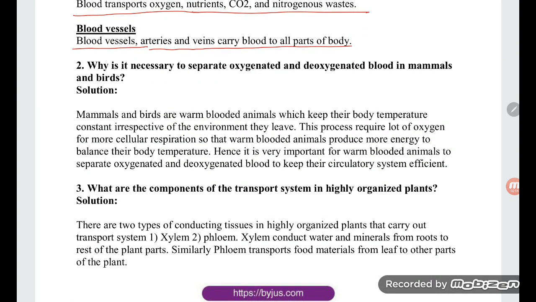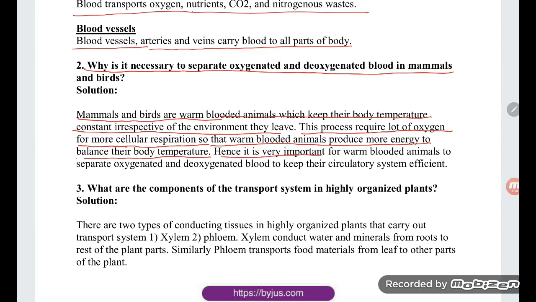Okay. Why is it necessary to separate oxygenated and deoxygenated blood? Mammals and birds are warm-blooded animals which keep their body temperature constant irrespective of the environment they live in. This process requires a lot of oxygen for more cellular respiration, so that warm-blooded animals produce more energy to balance their body temperature.